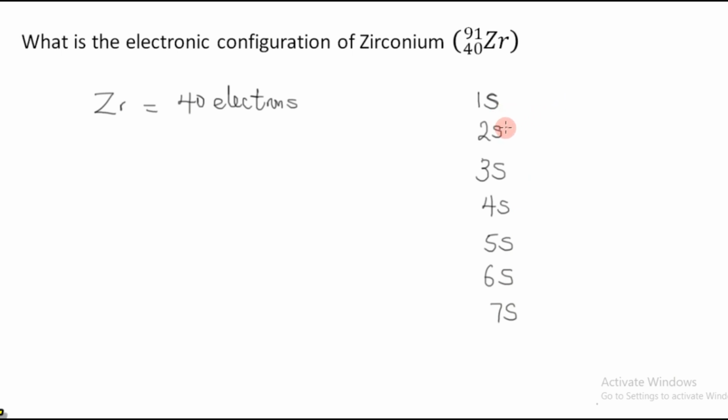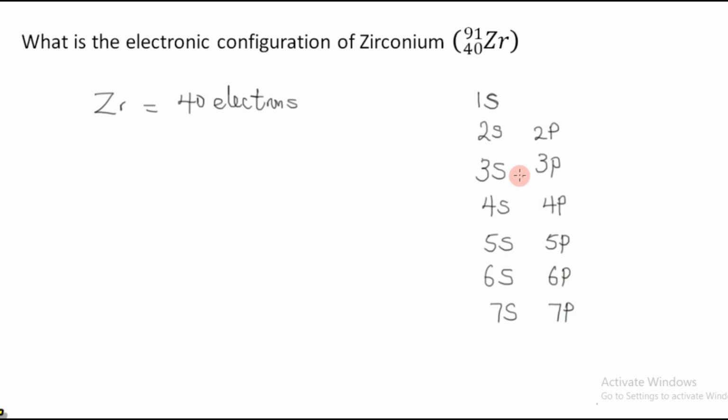Then we go to the p orbital, and it starts from the second energy level. So we have 2p, 3p, 4p, 5p, 6p, and 7p.